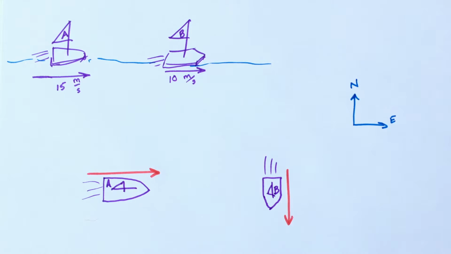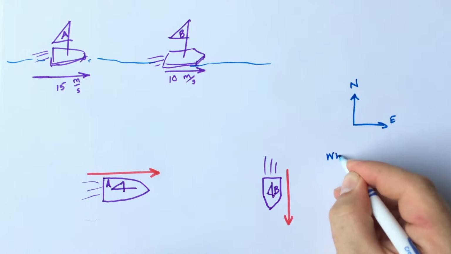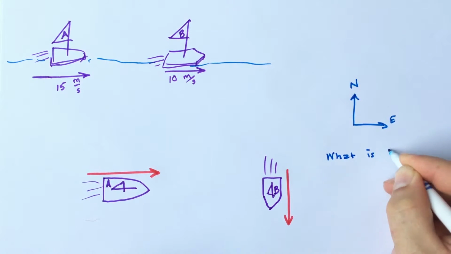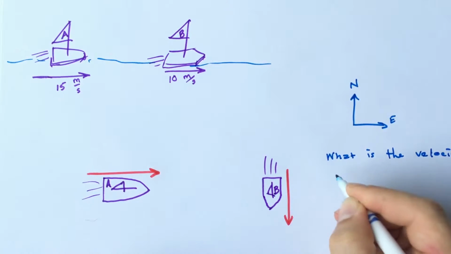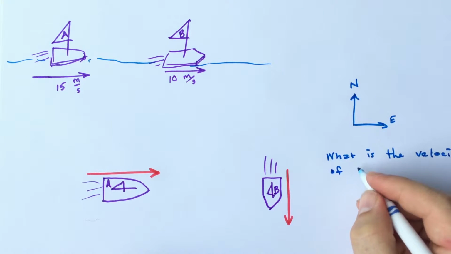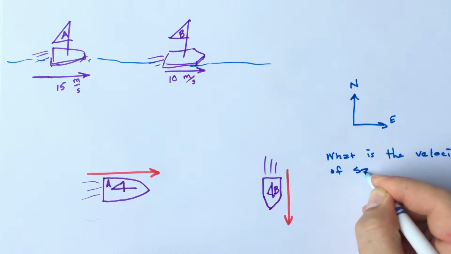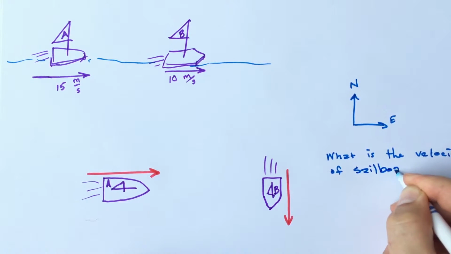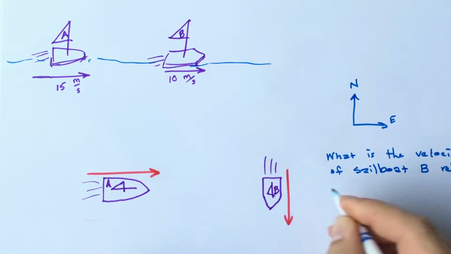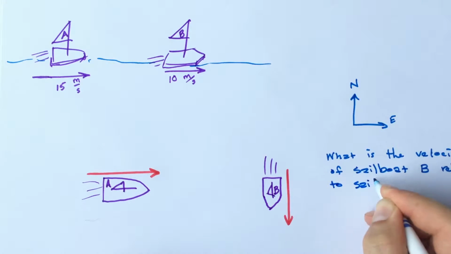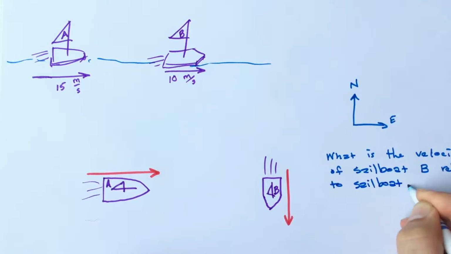Well, then what if I was to ask, what is the velocity of sailboat B relative to sailboat A?